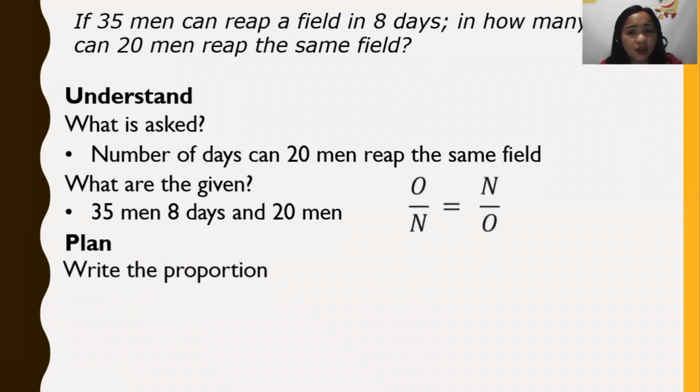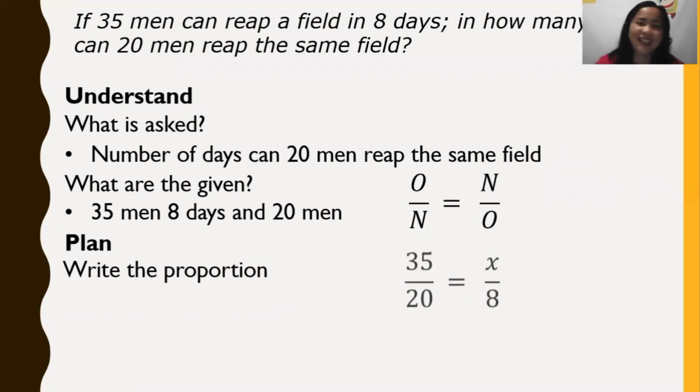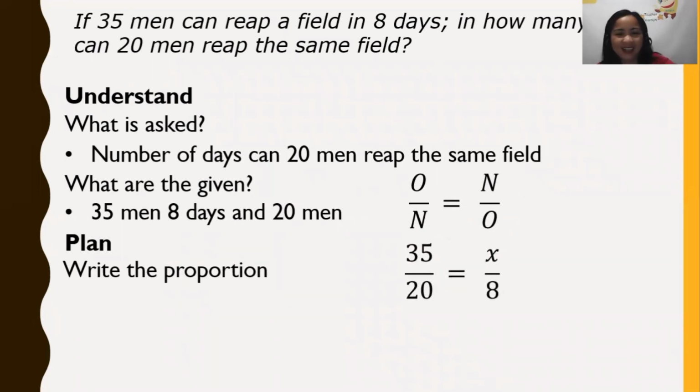So here, we have the original over new and new over original, or is to original. I will just write here the number of men.